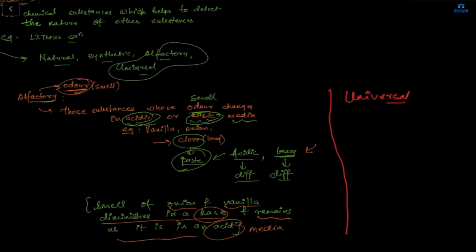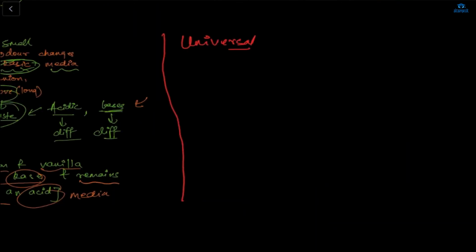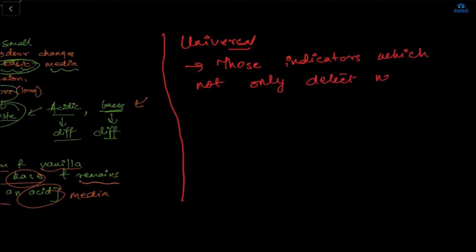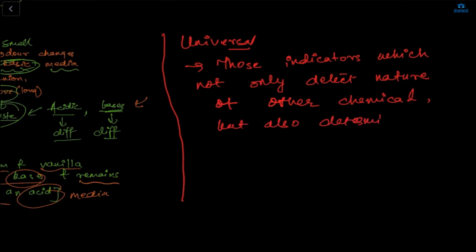See, the universal indicator is those indicators which not only detect the nature of the acid and bases, in the sense the acidic media and the basic media, but also determine their acidic and basic strength.